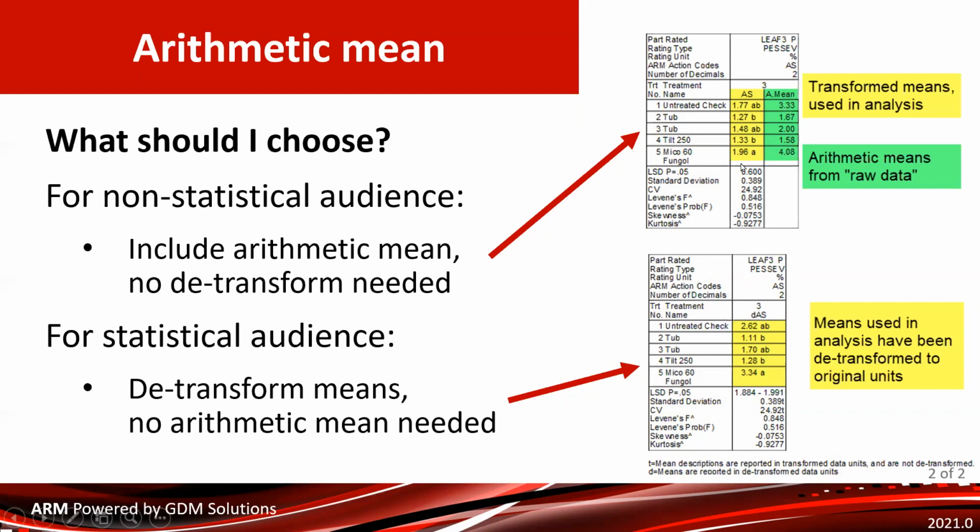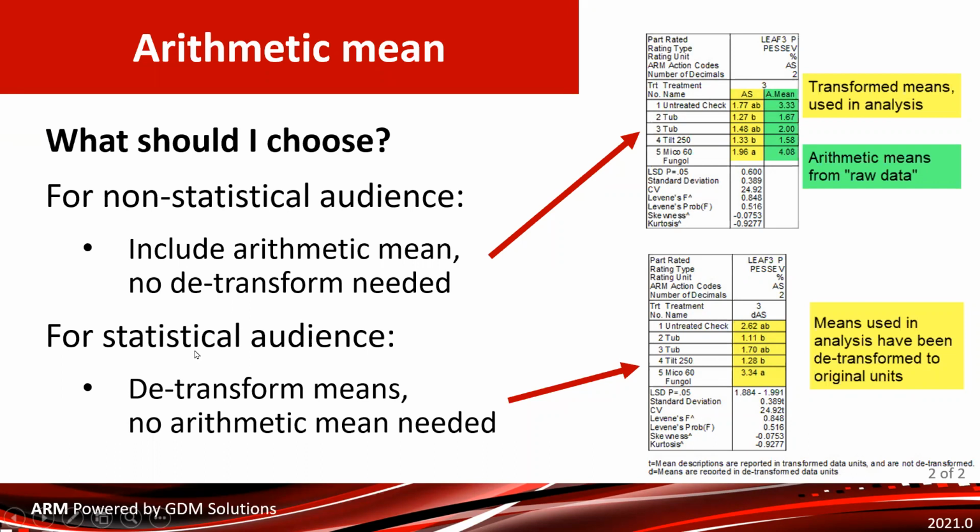And you may not even need to de-transform those means, because that non-statistical person will be primarily interested in those arithmetic means and then the results of the comparisons. Here you can see the statistical world, and then this is the raw mean that might make the most sense to that person.